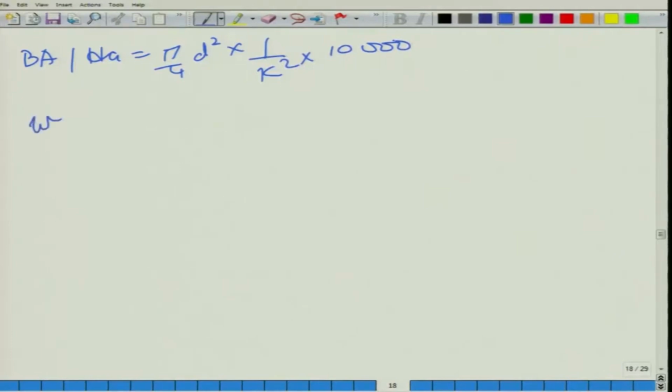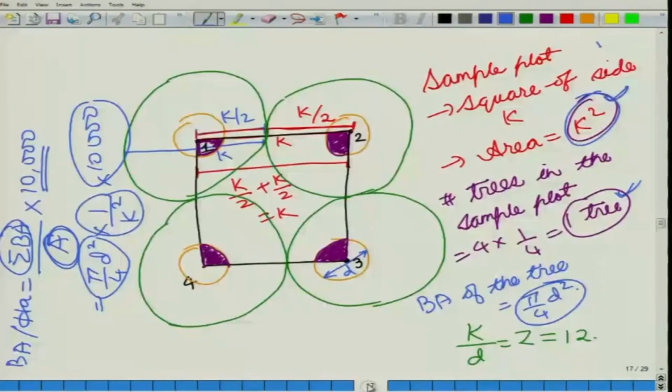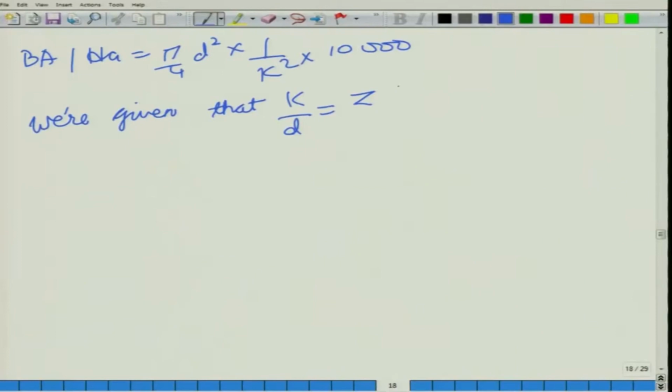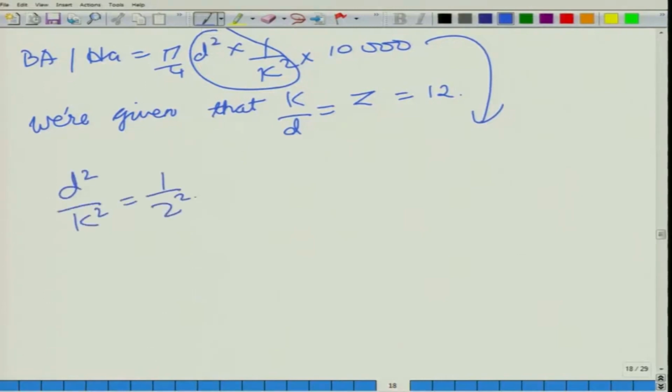Now, we are given that the ratio of k by d, which we can also refer to by this number z, is equal to 12. In this equation let us replace k and d by z. So, d square by k square is equal to 1 by z square.